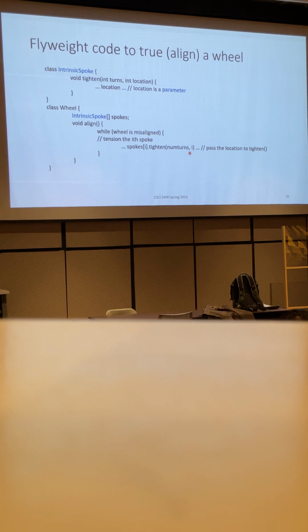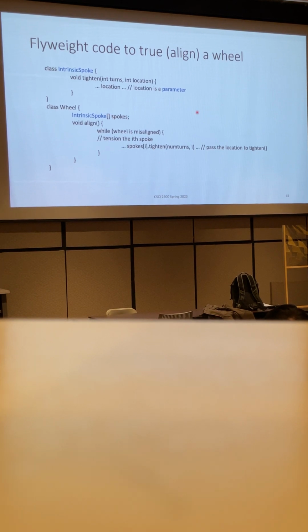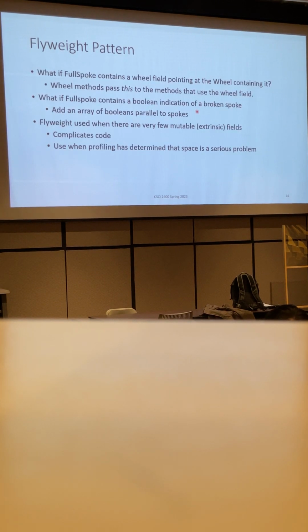So now tighten needs to take two parameters, not just the number of turns, but the location as well. But you see how that allowed us to actually use just the intrinsic spoke object here, right? And we know that those objects are going to be all the same. They're going to be interned. All right, so that's the flyweight pattern.